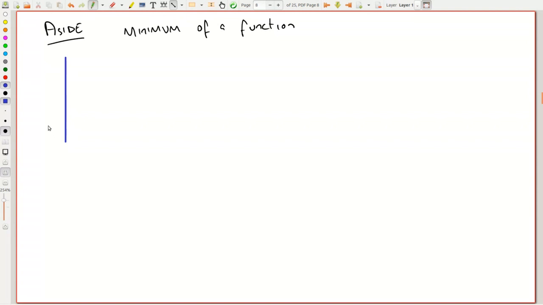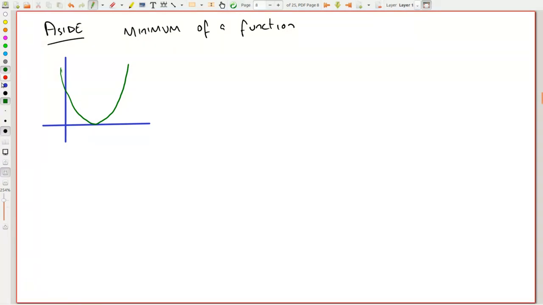Okay, so let's take another brief aside and talk about minimizing functions. Let's say I had some quadratic function like this.